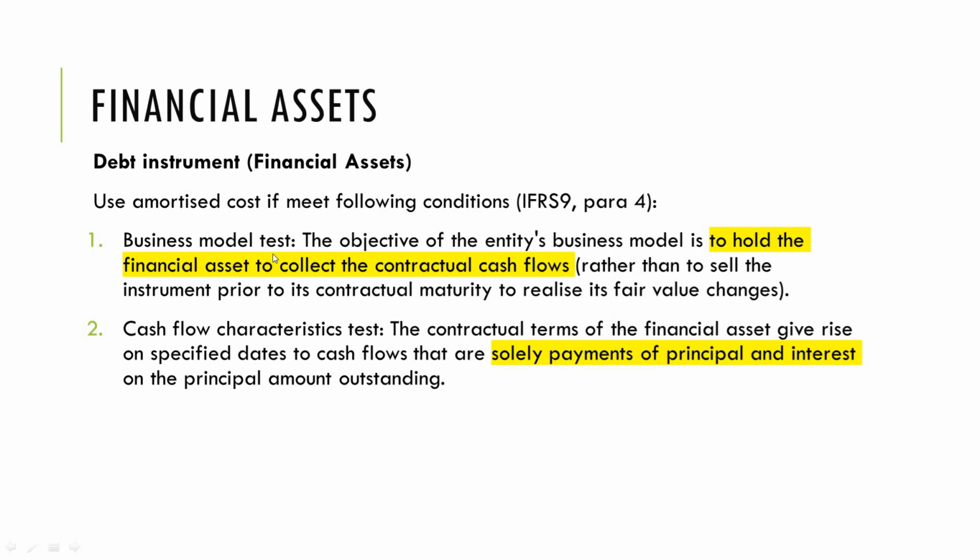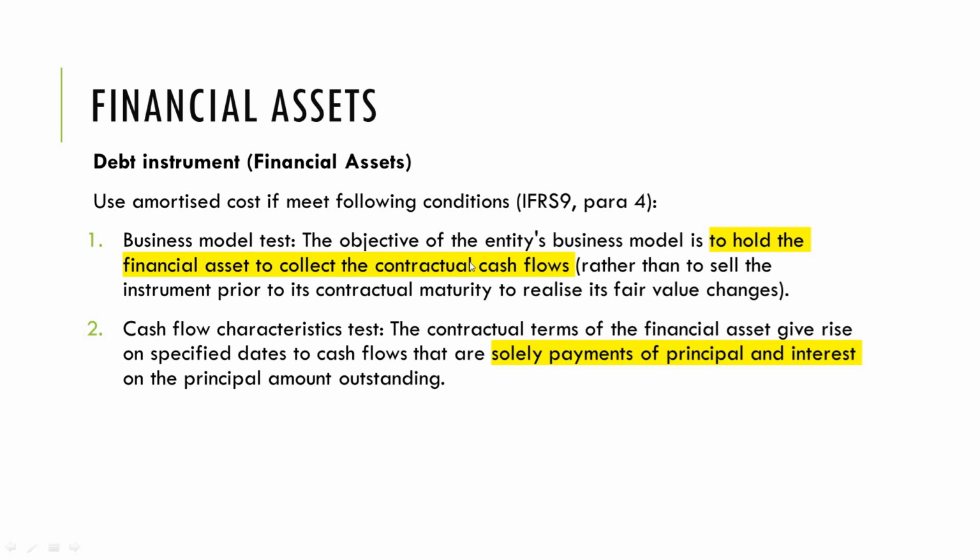Alright, so a debt instrument could also be one example of a financial asset, like I explained just now. Sometimes we are not just buying shares, we can also buy debt. If, let's say, you buy a bond or debentures from another company, in order to record this debt instrument, normally we will use the amortized cost method. We can use amortized cost as long as it fulfills two different criteria.